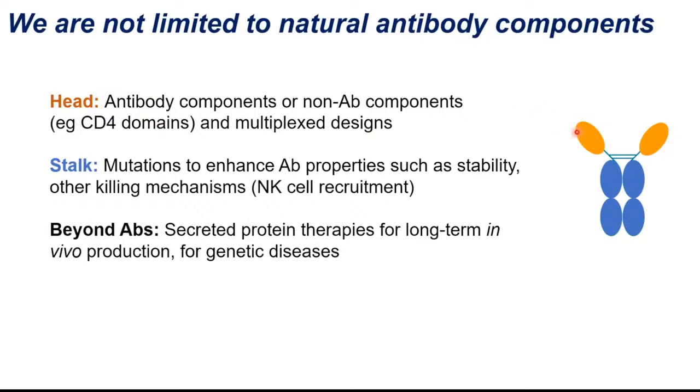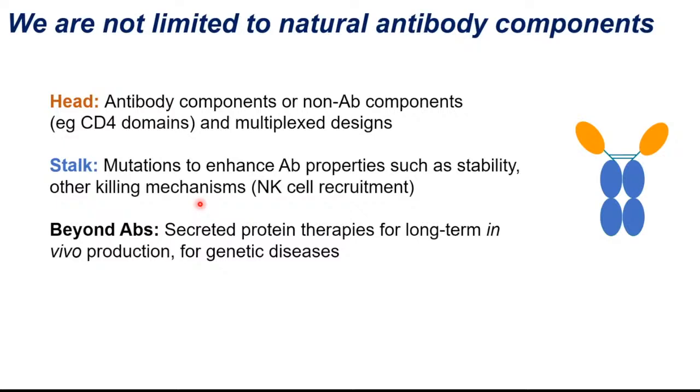completely artificial, but I think very powerful antibodies. Not being content with messing around with the head of the antibody, we can also start to think about the stalk. The stalk of the antibody, sometimes also called the Fc region, is not just a display pedestal. It has important properties, and we can introduce mutations into the stalk that can enhance our antibody properties, such as increasing its half-life and stability in the body, and enhancing other killing mechanisms.